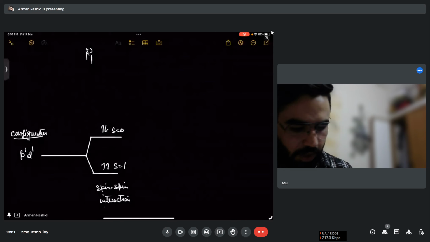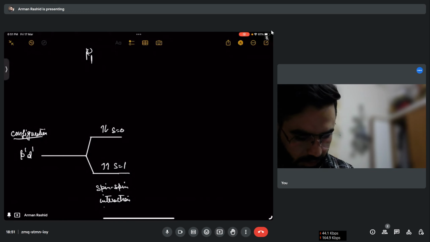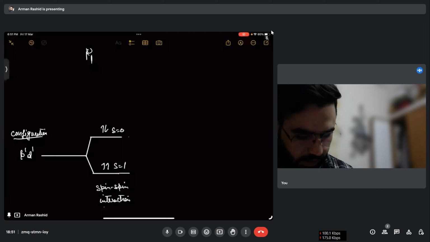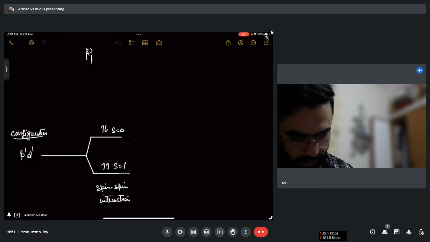Now doing the spin orbital interaction, this has how many states? 3 states. Probably I can change the screen color.